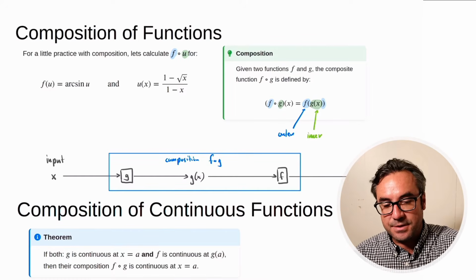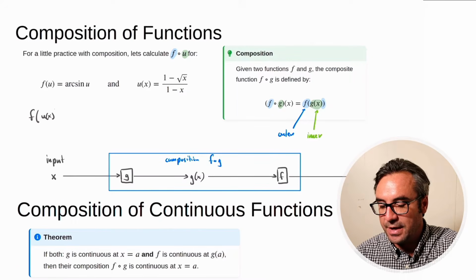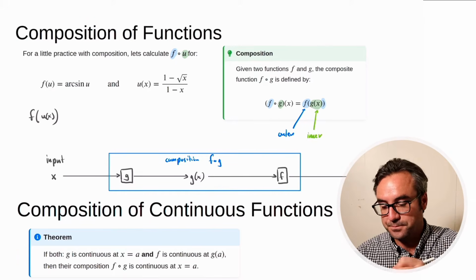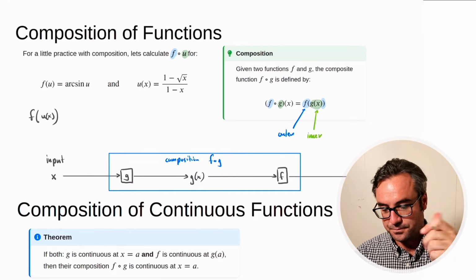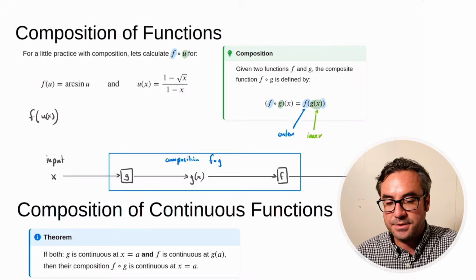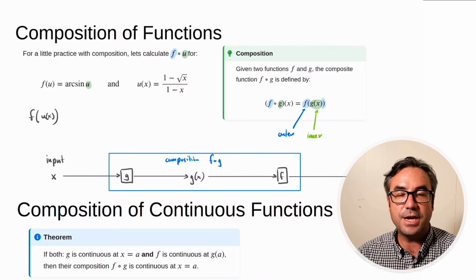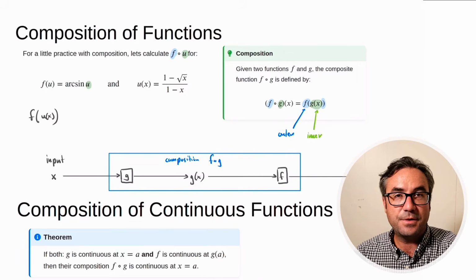So when we start this, let's write out what we want to calculate. We're going to plug u of x into function f. The idea here is if we look at our function f, figure out wherever its variable is.